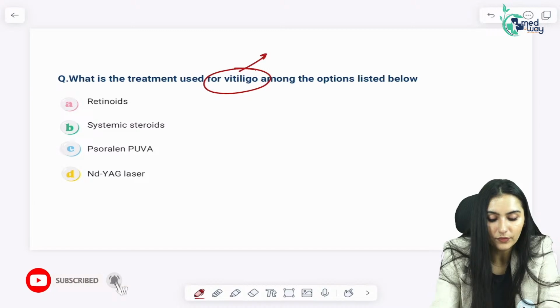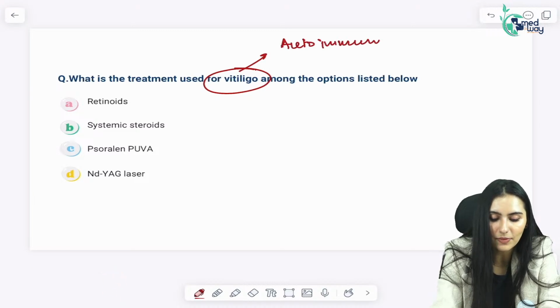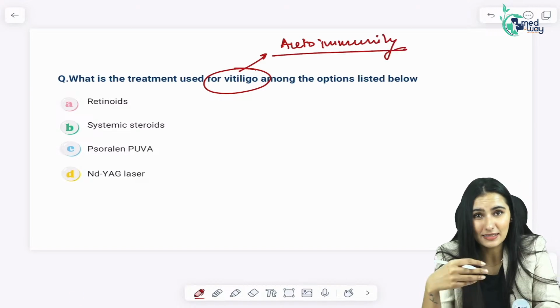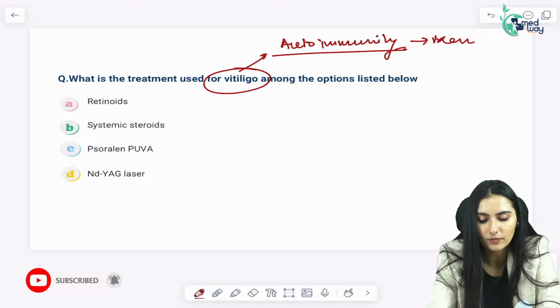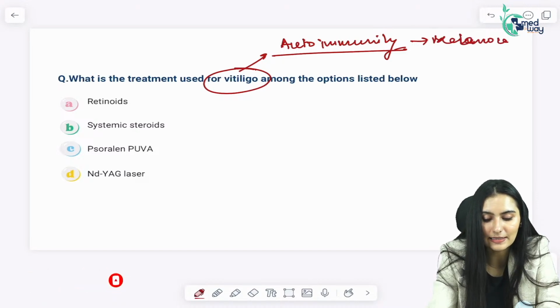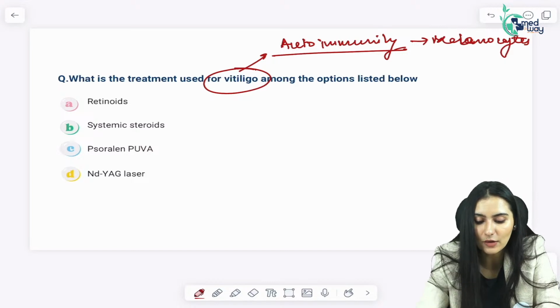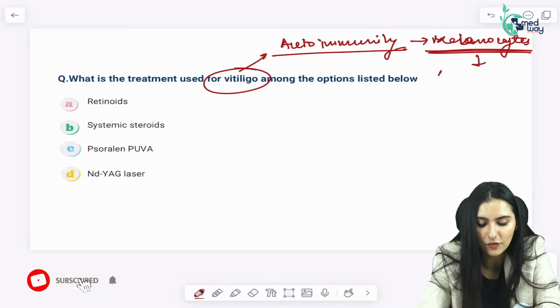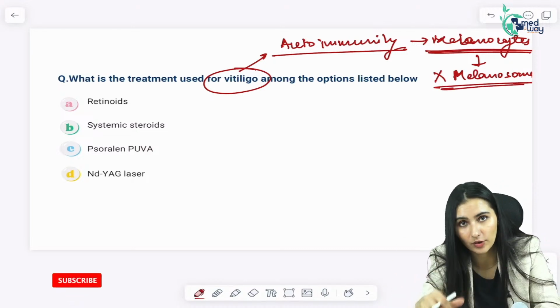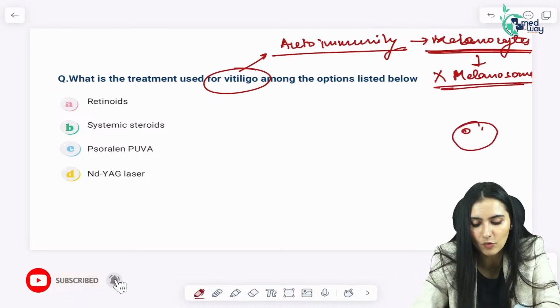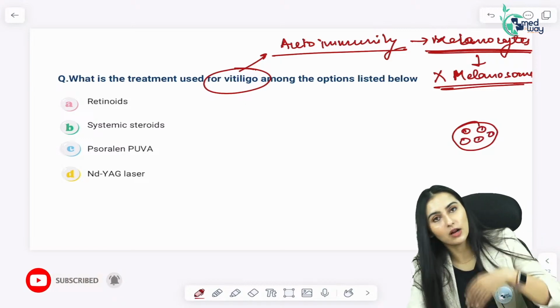In vitiligo you have autoimmunity, where cells in the body start destroying melanocytes. Melanoblasts made melanocytes, melanocytes got destroyed, and the small melanosomes in them are now not present.